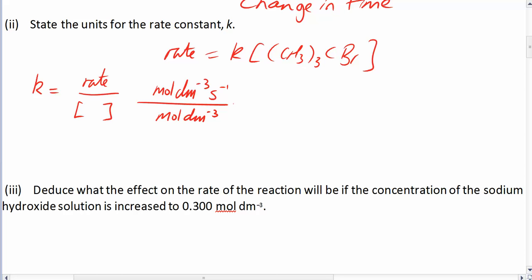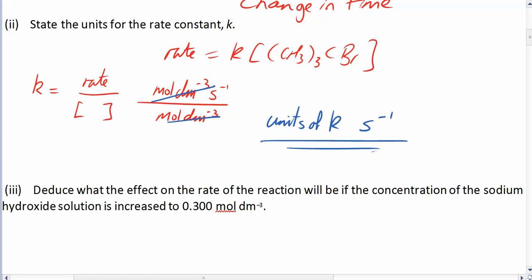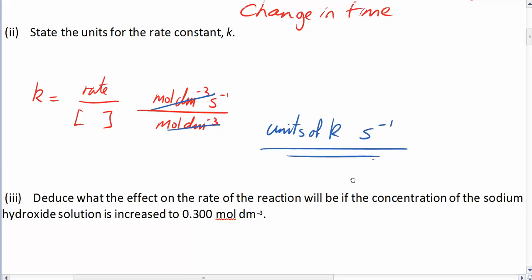So to determine the units of K, all we need to do is cancel the moles per cubic decimeter at the top with the moles per cubic decimeter at the bottom, and therefore the units of K are seconds to the power of minus 1.